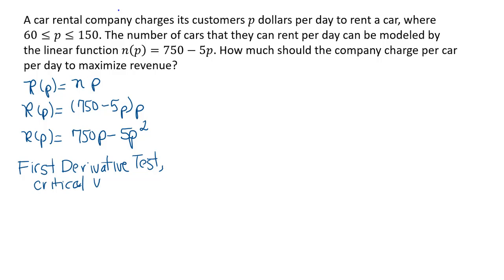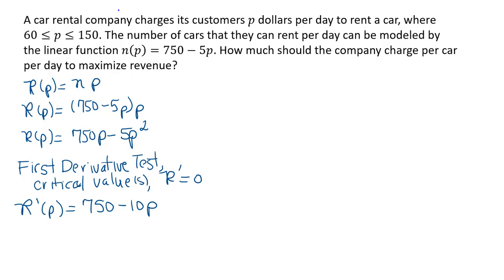To find a critical value, we compute the first derivative. So the derivative of the revenue function is R'(P) = the derivative of 750 times P, which is just 750, and the derivative of 5P squared, by bringing the 2 down, we get 10, so we write minus 10P.